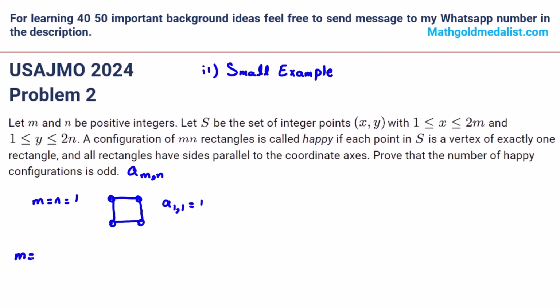Now let's consider a small example on one of them, m general and n equals 1. So x is from 1 to 2m, creating a horizontal figure, and y from 1 to 2. So we have these points: 1, 2 because n is 1, and x can be 1, 2, 3 to 2m minus 1 and 2m.